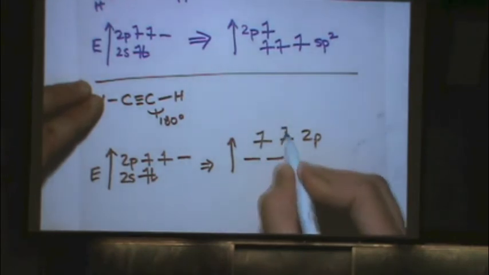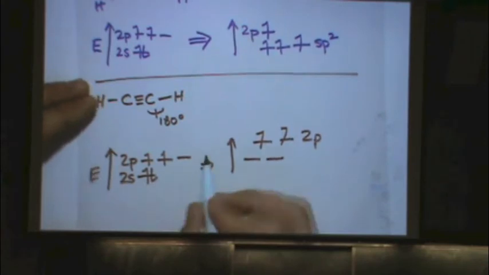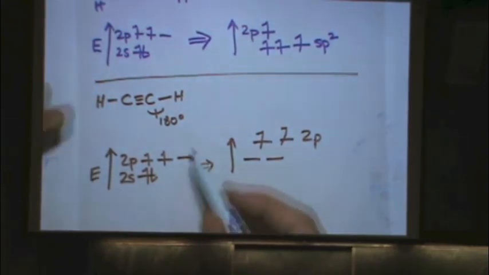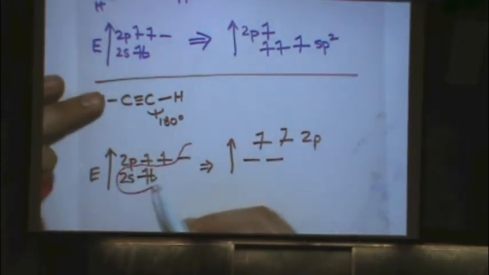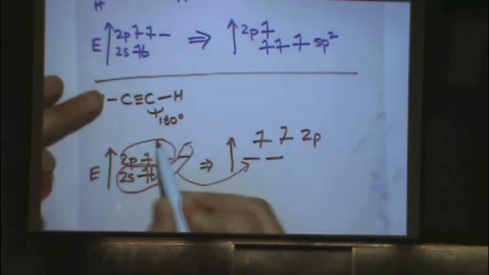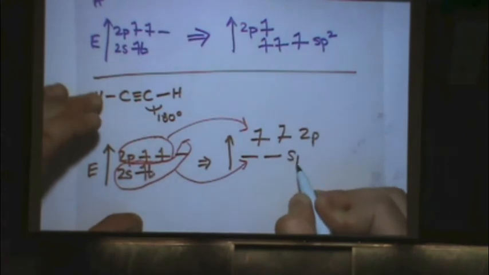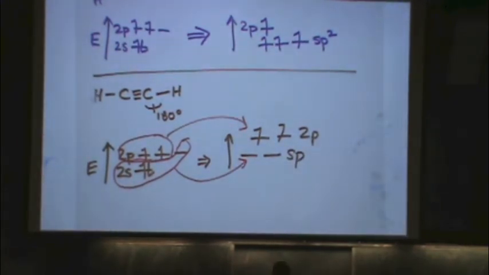So those first two 2p's, I'm going to keep the same. And then I'm going to hybridize an s with a 2p. So if I get a different color, hopefully you can see this. These two are going to hybridize here, and these two are going to stay the same. The two that hybridize, because it's one part s and one part p, we call it sp hybrid orbital.